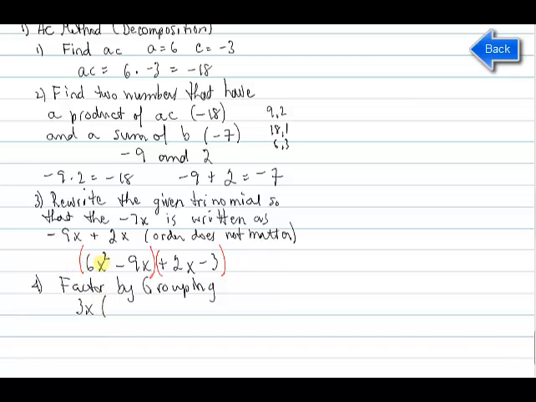That leaves you with 2x minus 3. Now, if you take a look at what we have in this bracket and what we have here, you'll notice that they're exactly the same. So the GCF that you want to pull out of this second bracket is just going to be plus 1.